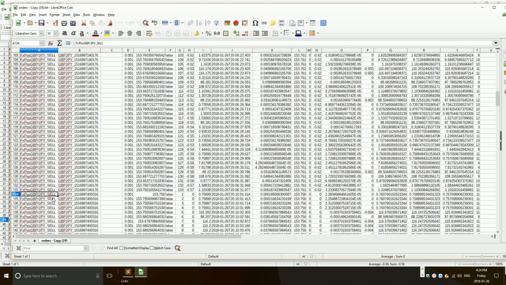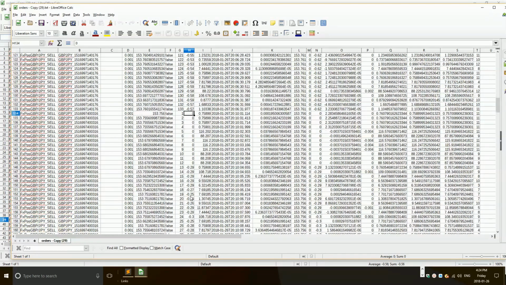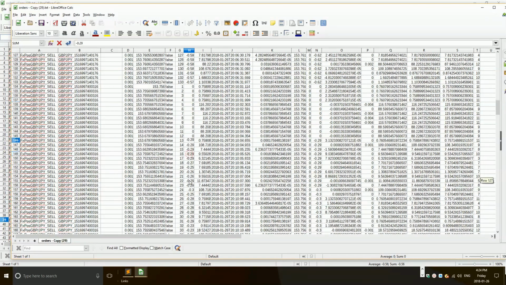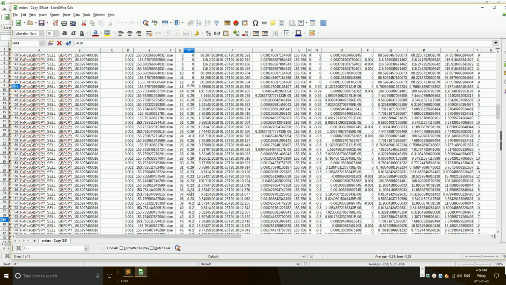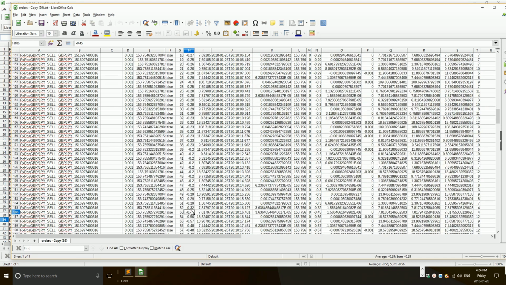Next position opens up, same currency pair, shorted, and once again, our theory is a P&L of 0, and then look how fast it just dropped to negative 29. It bounced around, and it just kept dropping pretty fast.